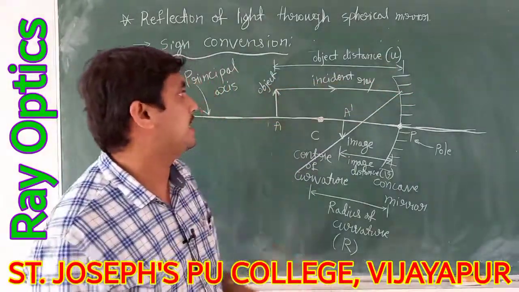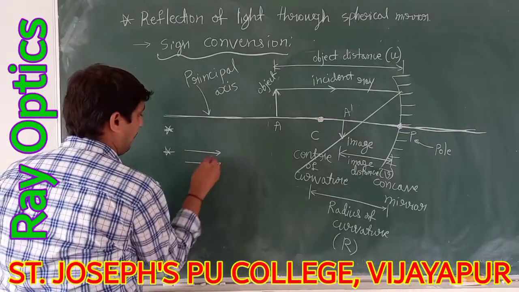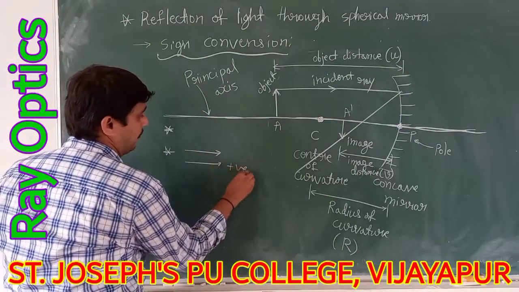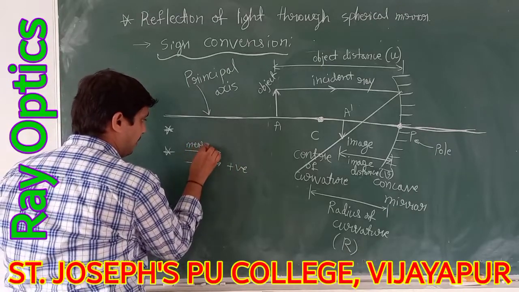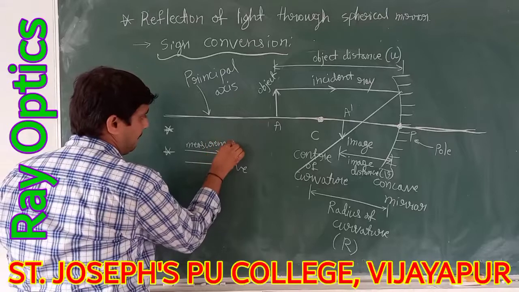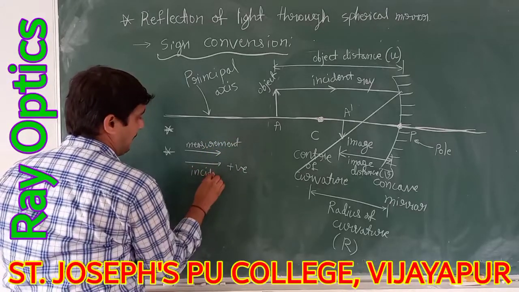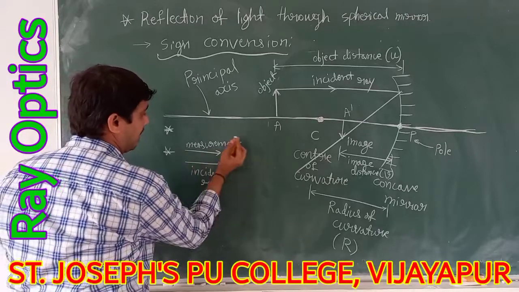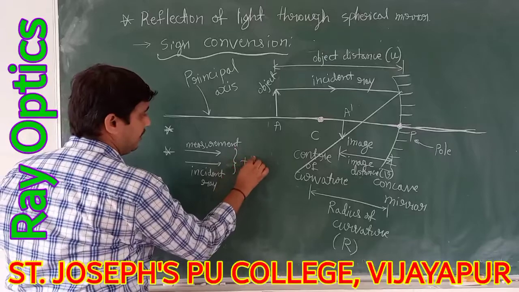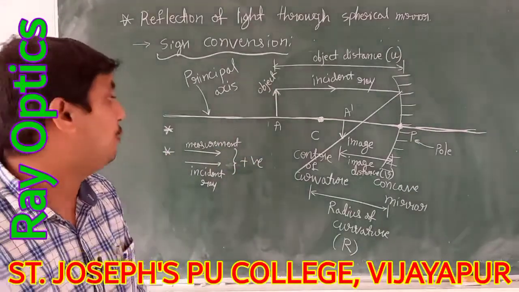is taken as positive. For example, if our measurement direction and the incident ray are both in the same direction, then the sign convention is positive.